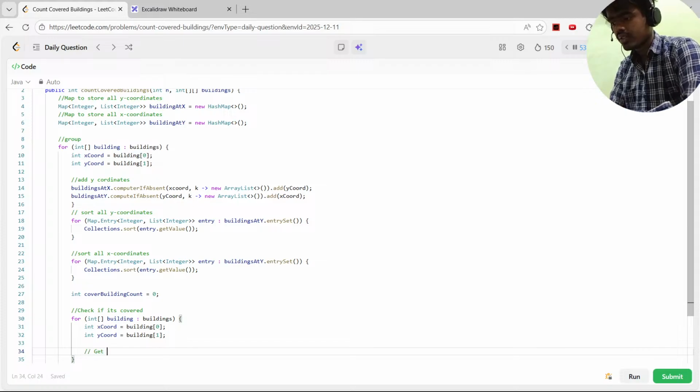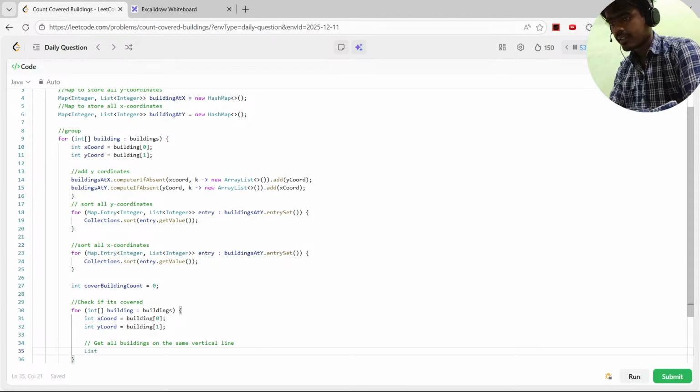Now you have to get all buildings on the same vertical line, list integer, building on same x, dot get coordinates, right?